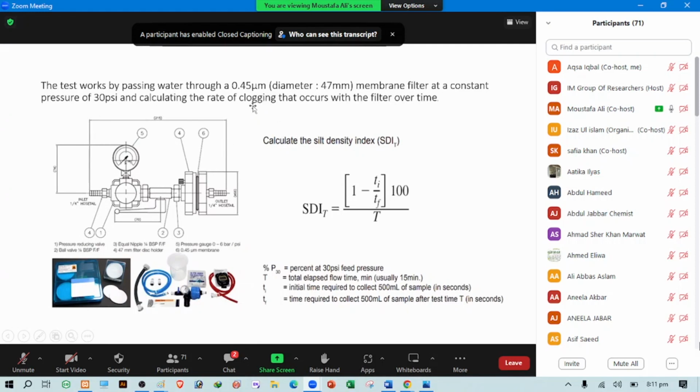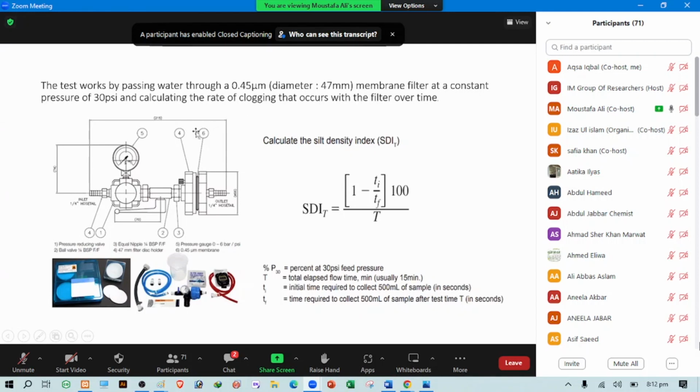I need to replace filters frequently, which is not okay cost-wise for the operation. It increases the operation cost, and it is also a bit of trouble for the desalination unit, because of the interrupted time and the cost of the filters.